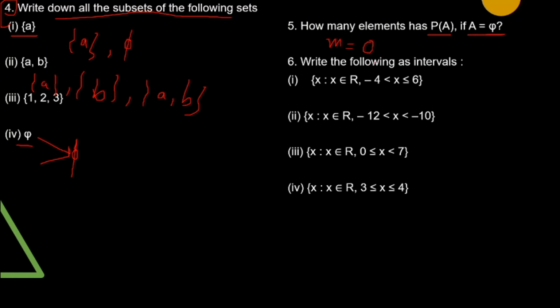After that, m equal to 0. And what is the formula for the power set of A? 2 raised to m. Write the formula. So 2 raised to m, and next step we have 2 raised to 0, and any number to the power 0 is 1. The law of exponents, which you have learned in your junior classes. Okay, so we have one subset. Fine.